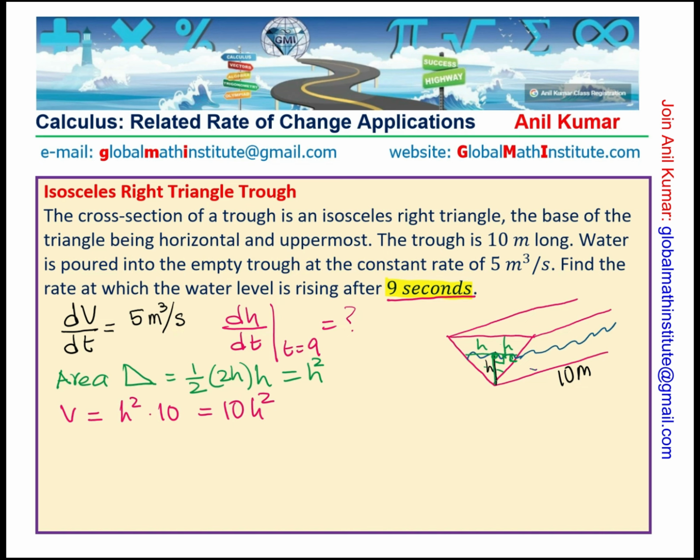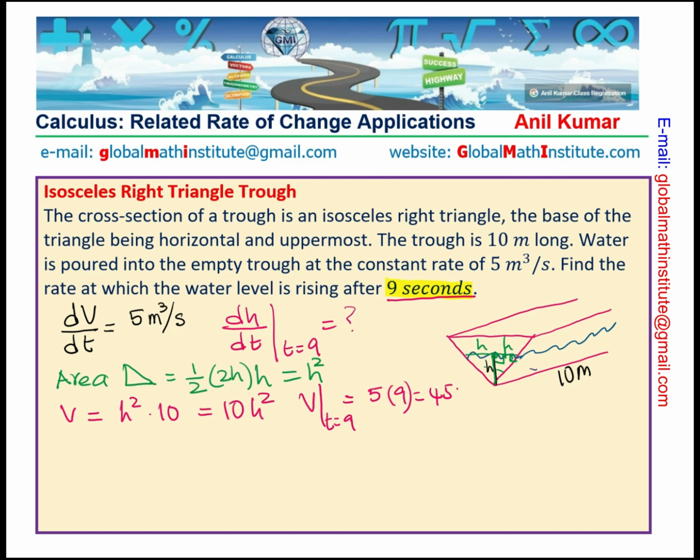How much water will be filled? Since the rate of filling the water is 5 meter cube per second, we know that the volume at t equals 9 will be 5 into 9, right? Which is 45 meter cube. So that is the total volume.